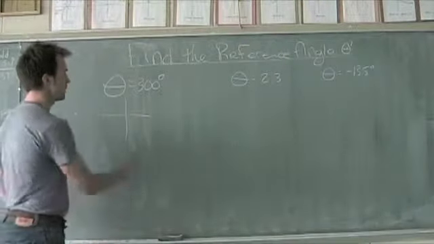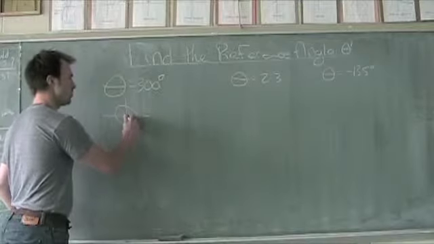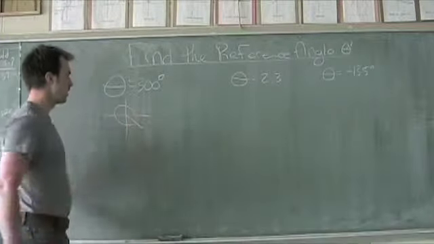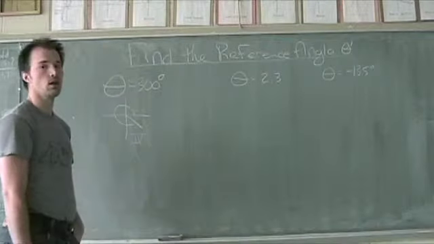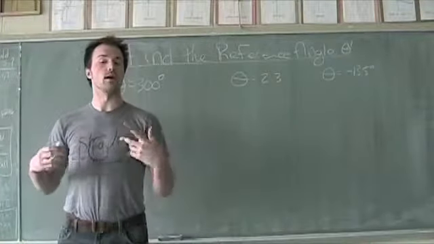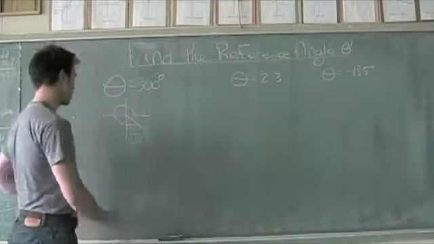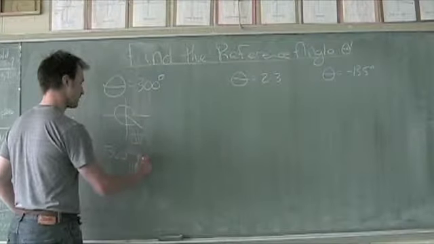Looking at this, just drawing a quick sketch. When theta is equal to 300 degrees, if we put this in standard position, 300 degrees brings us all the way around to here. So we're in quadrant number 4. The rule for finding the reference angle theta prime in quadrant 4 is to take 360 degrees and subtract theta.